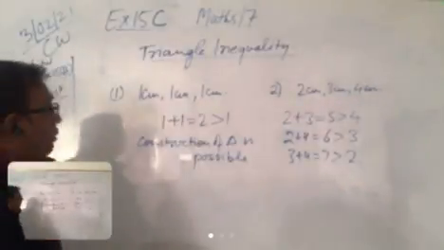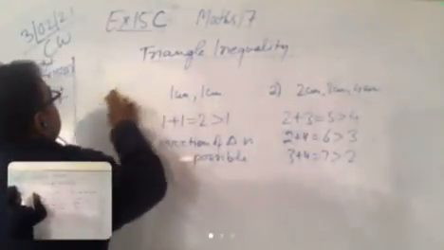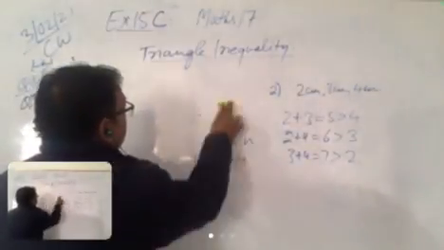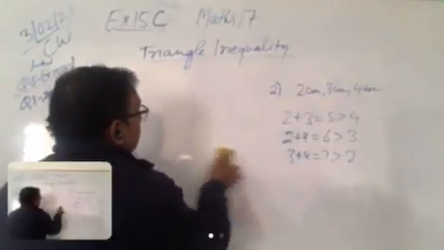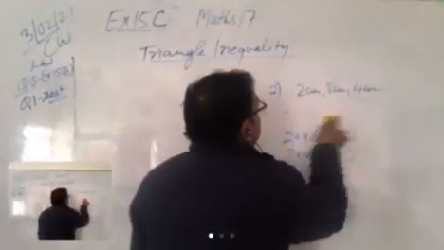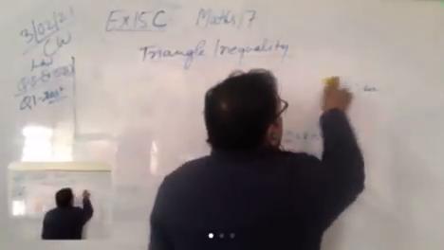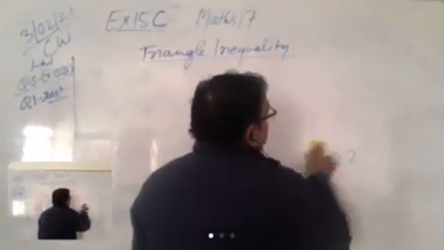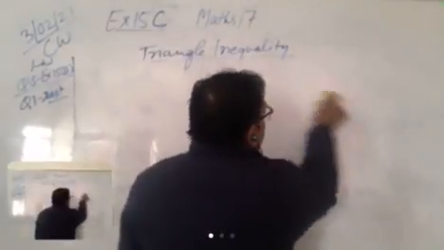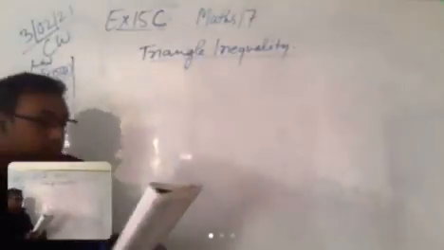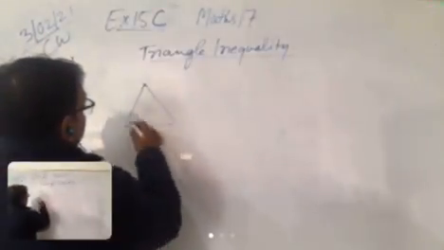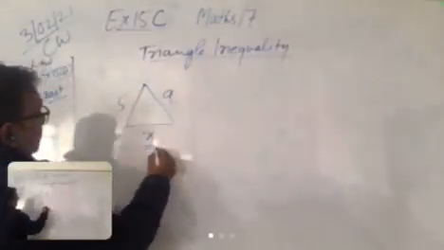Now, Anna, read the second question, please. Question number 2. तो थर्ड साइड किसके बीच में हो सकता है? What is the possible length of the third side? अब एक triangle है, उसमें एक side 5 है, एक side 9 है, and this is x.